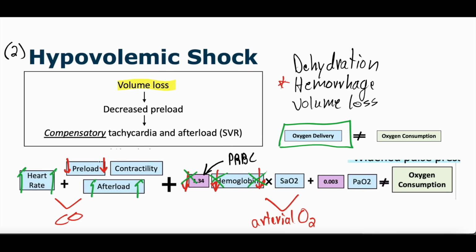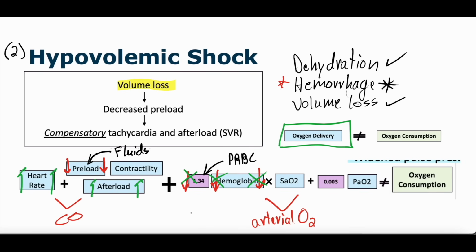If it's hypovolemic shock from dehydration or volume loss, and their preload is low, you can give them fluids. So again, see here this equation we can use to diagnose as well as identify what to intervene on. So hypovolemic shock: hemorrhage, dehydration, volume loss. In the United States, hypovolemic shock is mostly from hemorrhage. In other countries that have more cholera and things like that, it could be more from volume loss and dehydration, but primarily hemorrhage in the setting of trauma, for which you're going to do blood transfusions.